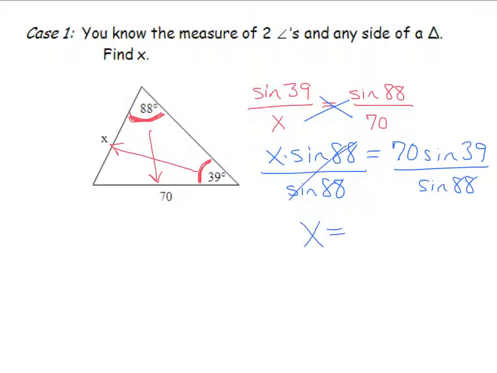Now in my calculator, you are going to go ahead and type in 70 times the sine of 39, make sure you close your parentheses after the 39, and then divide that by the sine of 88 degrees. Normally when I'm solving for sides in this case, I like to keep it to the nearest tenth, so I ended up getting 44.1. So that was my missing side.